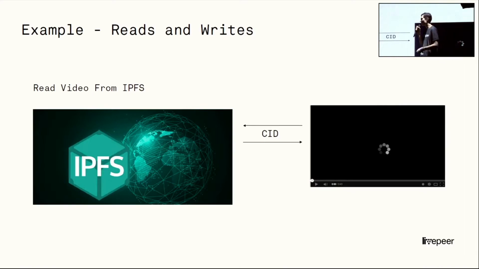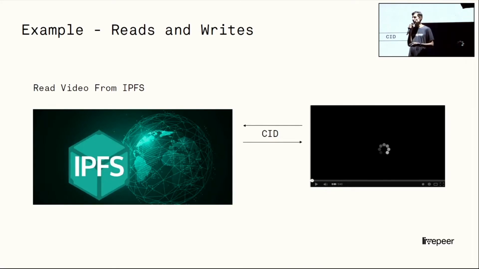I work on video. I think video is 80% of the traffic on the internet. It's the richest form of media that we interact with on a daily basis. When you go to request a video from IPFS, if it's like a gigabyte-long, hour-long HD video, you have to download up to 50 megabytes before it can even begin playing back. Not to mention how long it takes to find and locate that video on these IPFS networks.